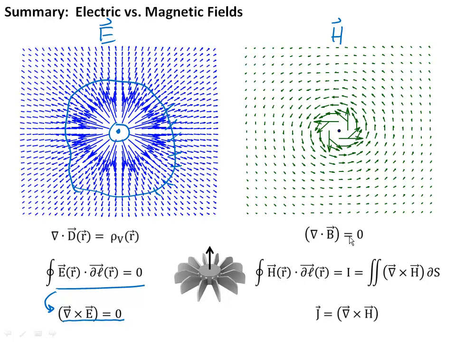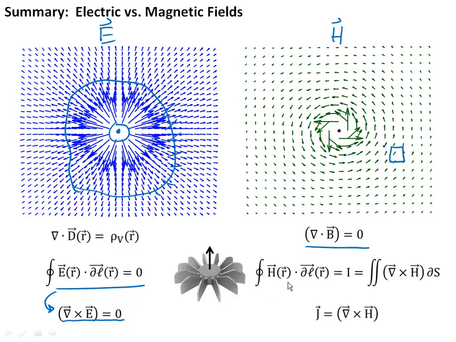For the magnetic field, we've learned that the divergence of the magnetic field or magnetic flux B is always equal to zero, because there's nothing like a charge that gives rise to arrows coming out. Everything always goes in loops. So if something starts somewhere, it's going to end somewhere. You can never draw a box here that has more arrows going out than going in. They're always equal. There are no magnetic charges.